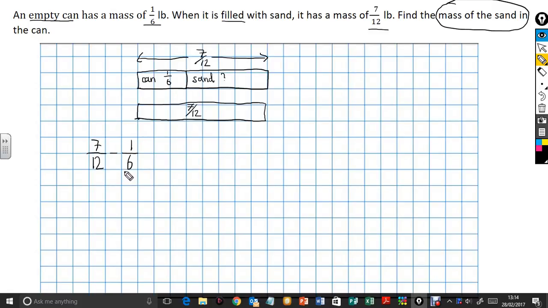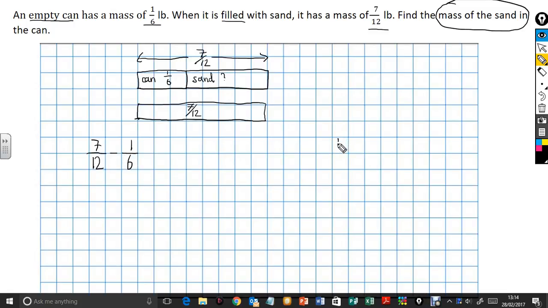So what we first need to do is to convert one or both of these fractions to equivalent fractions of the same value which have the same denominator. In this one I really only need to change this 1/6, because I can very easily convert that into 12ths. So I'll do this over here.